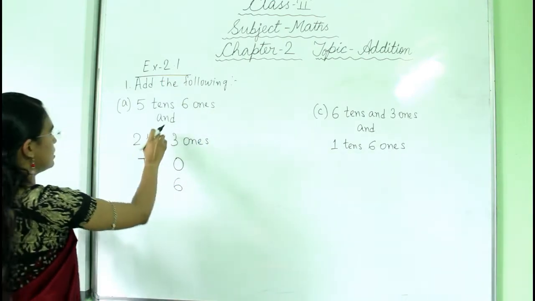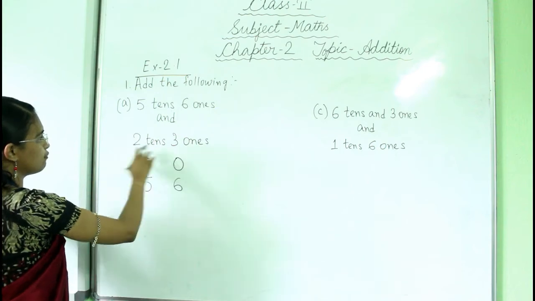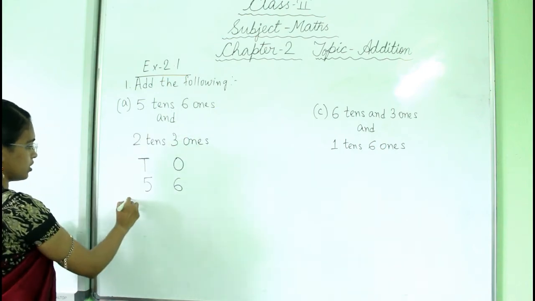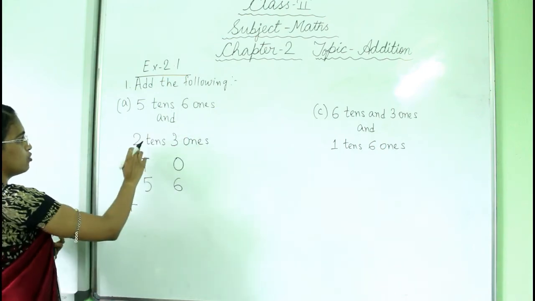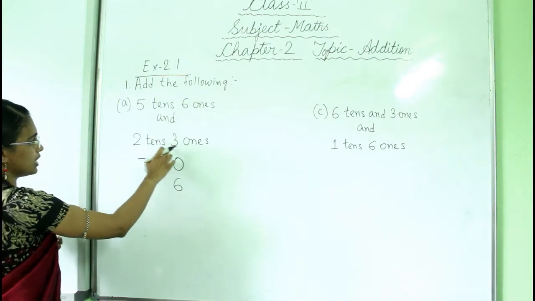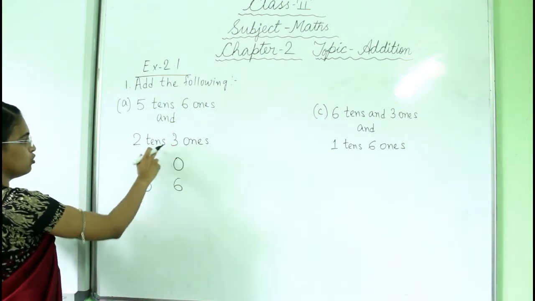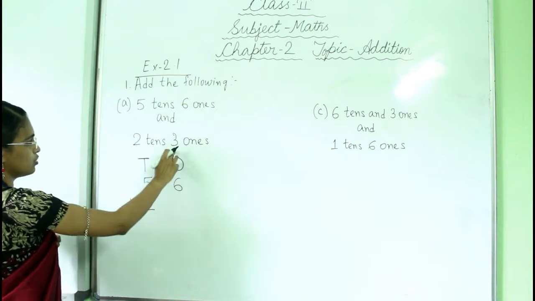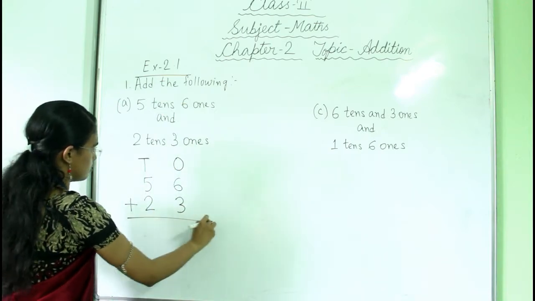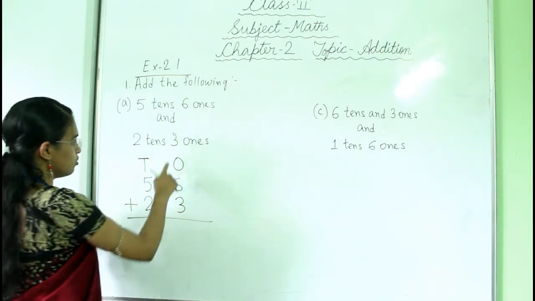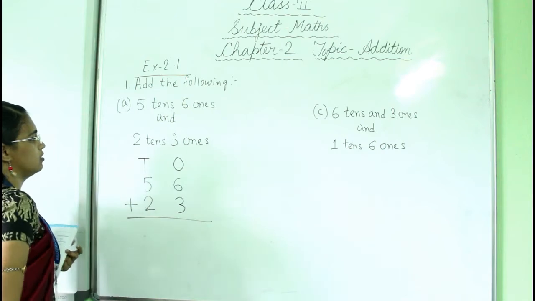Then what we have to add, and means plus. Okay, this is plus. So what we have to add? 2 tens, 3 ones. So we put the number 2 in tens place and 3 in ones place.